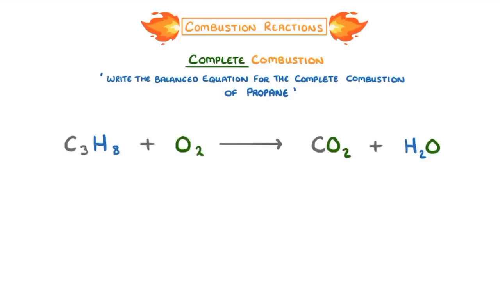Then all we need to do is balance it. We know that on the left we have 3 carbons, so on the right we'll need 3 CO2s. We also have 8 hydrogens on the left, so because each H2O molecule contains 2 hydrogens, we know we'll need 4 of them on the right.